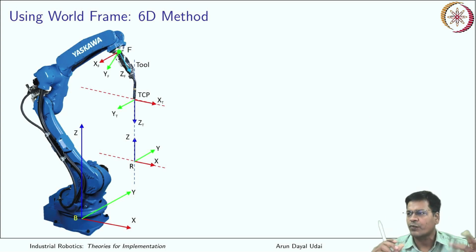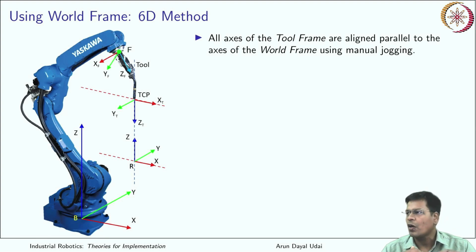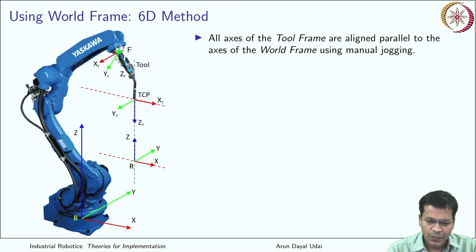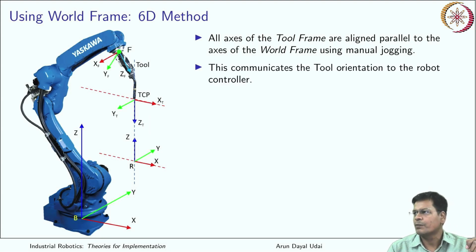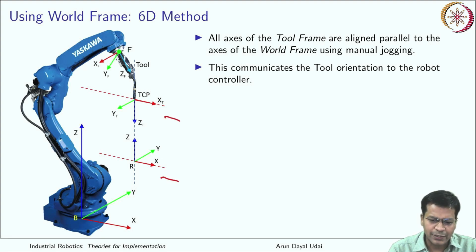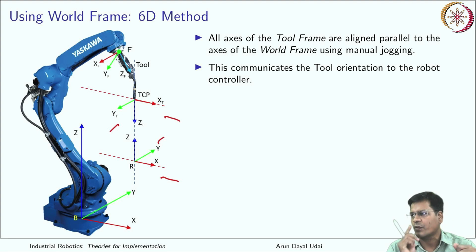Here we are perfectly aligning all the axes. All the axes of the tool frame are aligned parallel to the axes of the world frame using manual jogging. So you have aligned the Z axis to the Z axis of the world frame, and also you have aligned X to this X, Y to this Y, though directions are different.